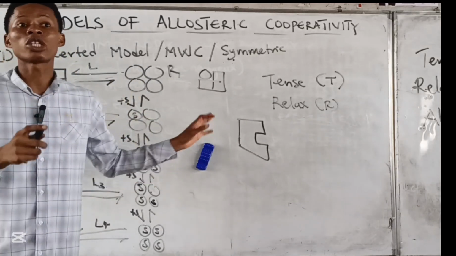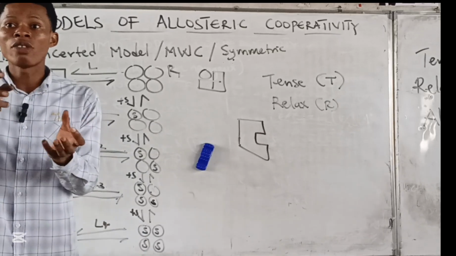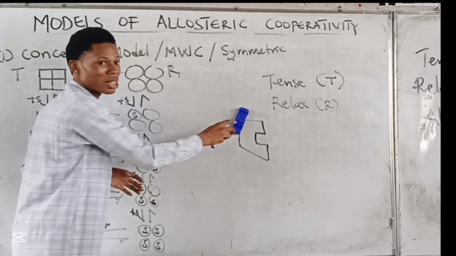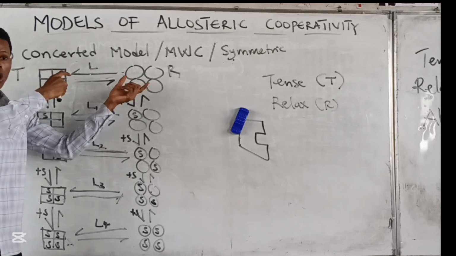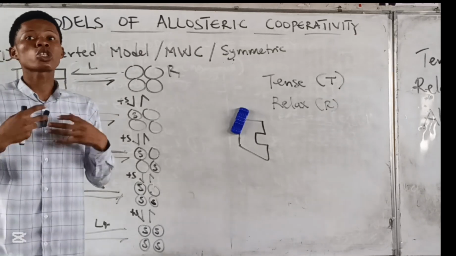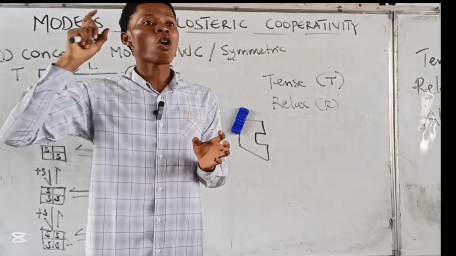Please take note, because this is what differentiates this model from the next model we are going to take. In the next model, they change one after the other. But in the concerted model or the symmetric model, it is an all or nothing effect. Either all of them change to the relaxed state or none will change. Do we get that? What you can easily use to remember the concerted model is all or nothing.